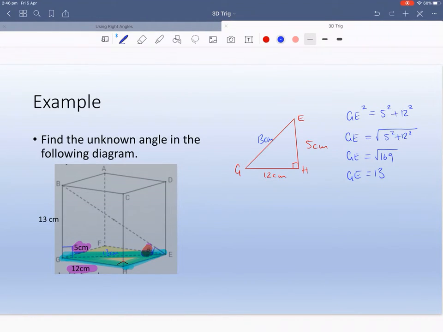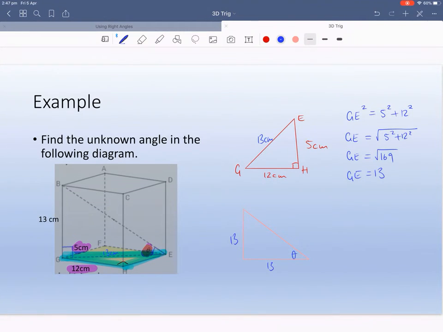Okay. Now that hasn't solved my question, but I'm in a position now to solve. So I need to draw a second triangle. And really important that we label these triangles. So I'm going to put theta there, and I know that this is 13 and the height is 13.